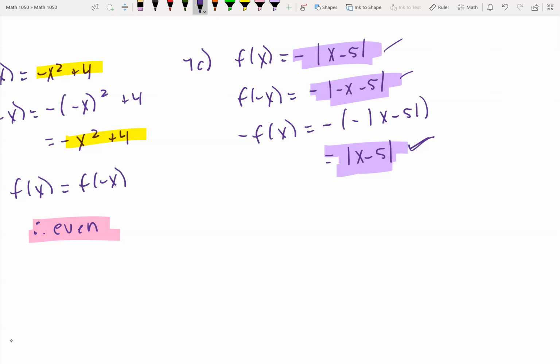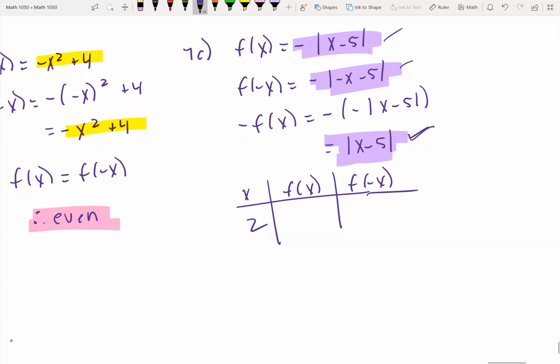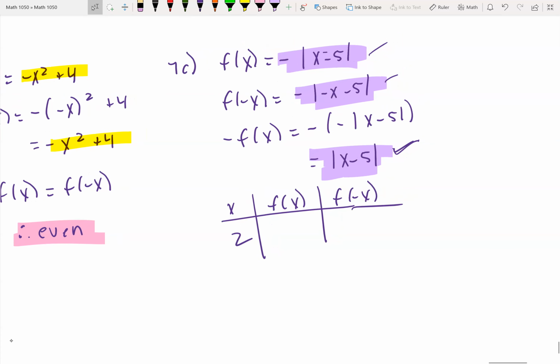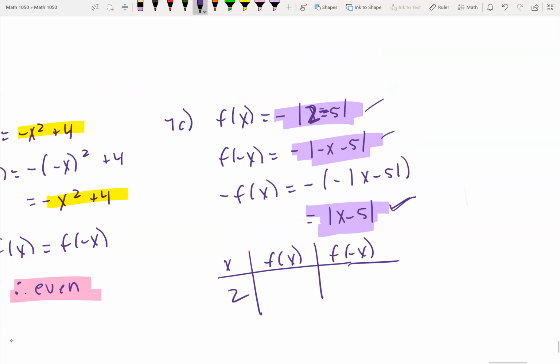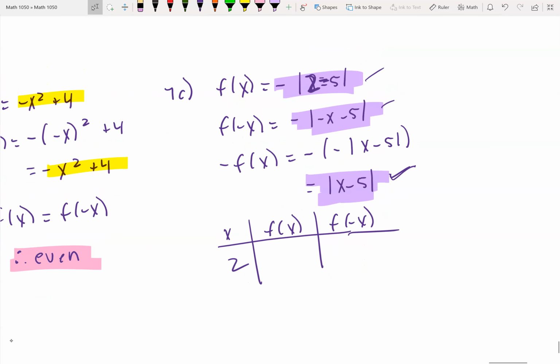Now let's see if those two are the same. So I'm going to go like this. I'm going to go table. I'm going to find my f of x. I'm going to find my f of negative x. Let's say x was a 2. Don't use zeros because that's not going to do any good. If you do 2, then look right here. You're going to have 2 minus 5. Well, 2 minus 5 is a negative 3. Absolute value of negative 3 is a 3, but there was a negative in front of it.